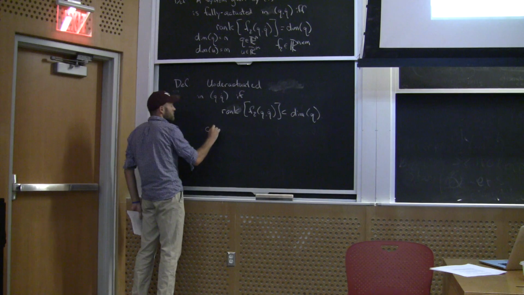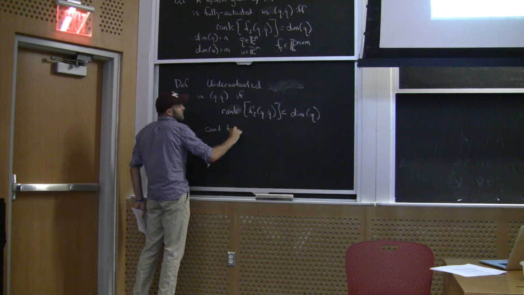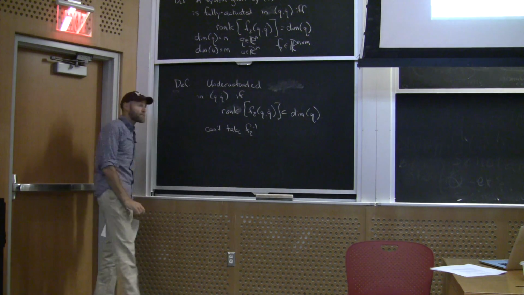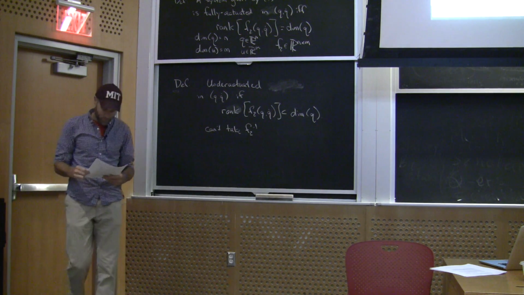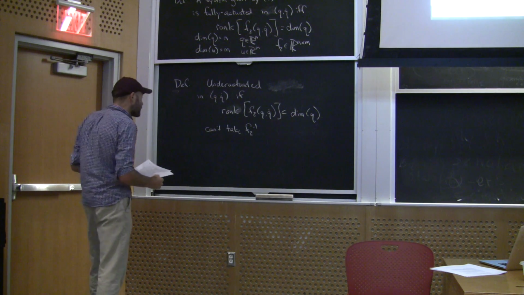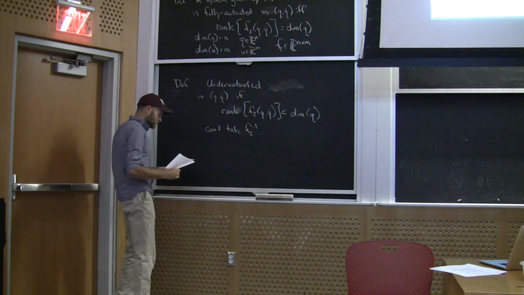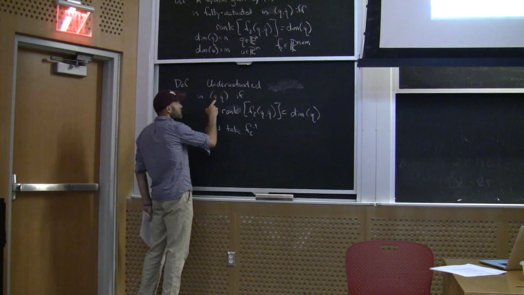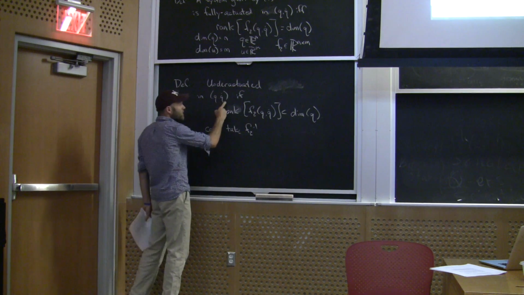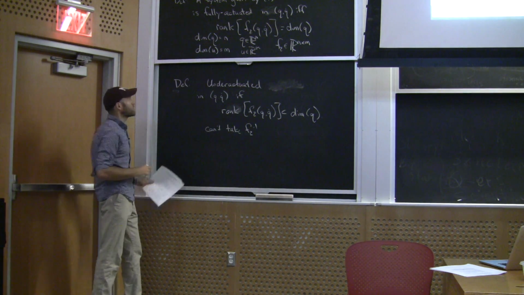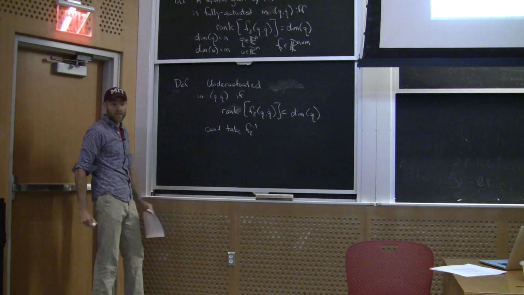This means I can't take F2 inverse, okay? One thing I want to note is that, to be careful, I want to allow for the possibility of this being a property, whether the system is fully actuated or underactuated depends on what configurations it's in, right?